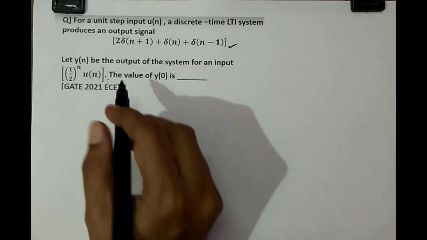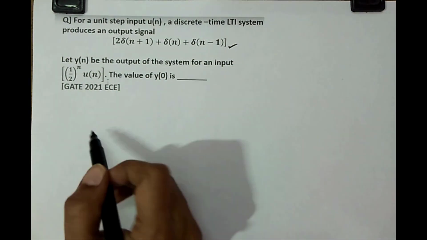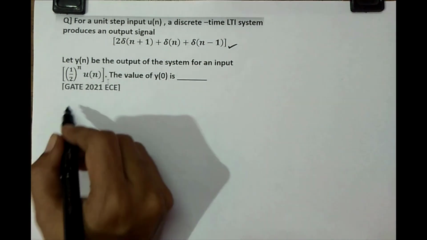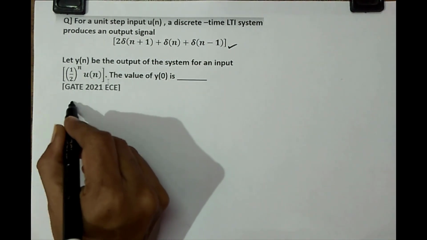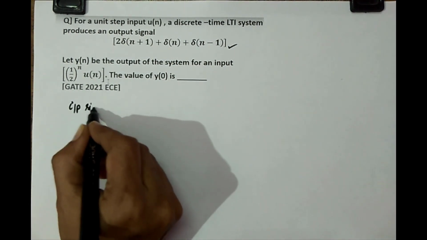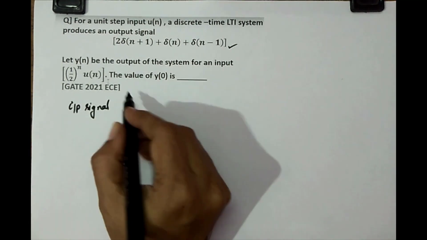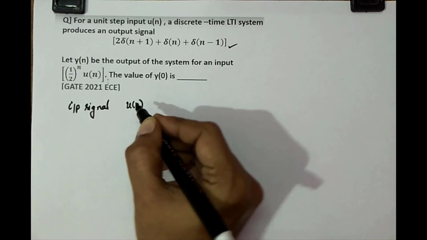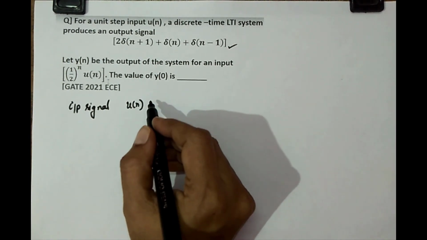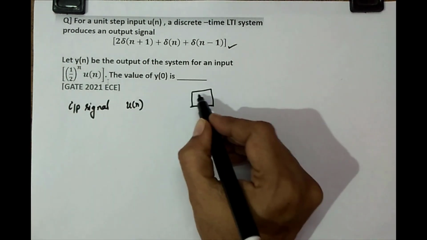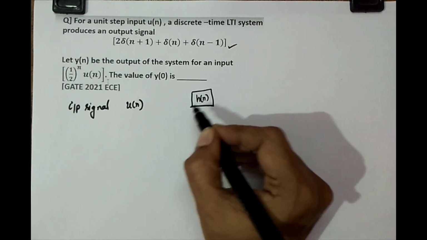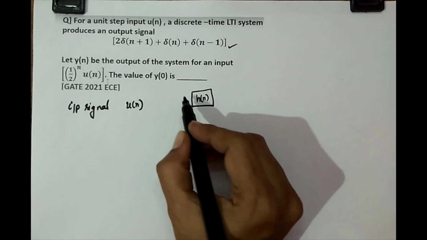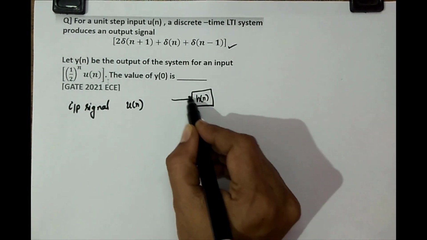Okay. So, now take the first part. From the first part, the input signal is given. What is the input signal? Input signal is u of n. Take the system. It is a discrete LTI system.